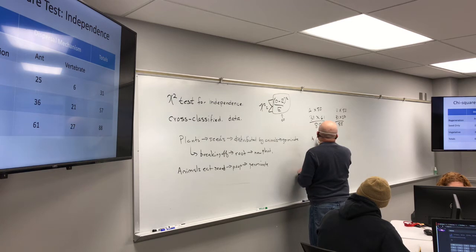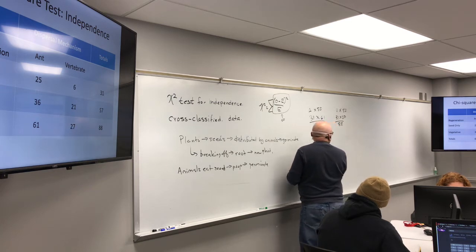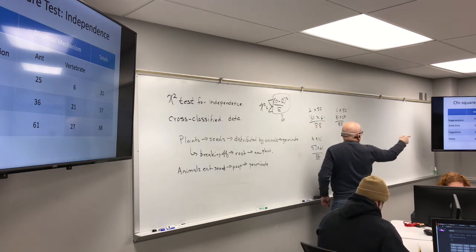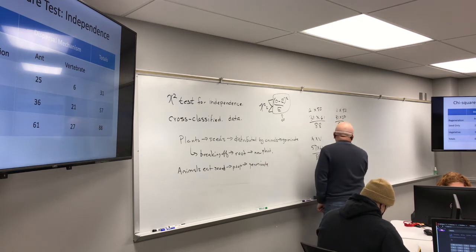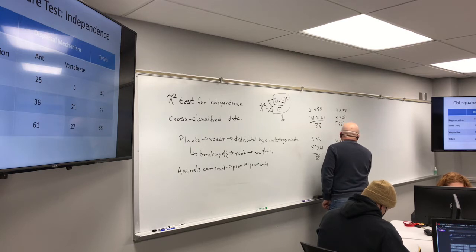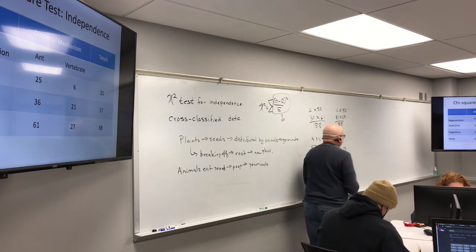For ant by vegetative, we would take 57 by 61 divided by 88. And for vertebrate by vegetative, we would have 57 by 27 divided by 88.